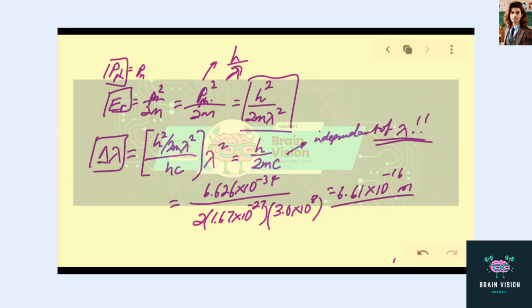So this doesn't depend on n, and it is very small considering that the wavelength of photons emitted by the hydrogen atom is typically around 10 to the power of minus 7 meters. So therefore this correction is really small, and the assumption that we made earlier is valid.